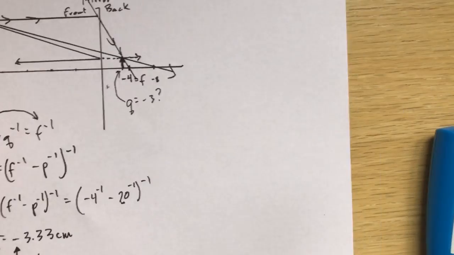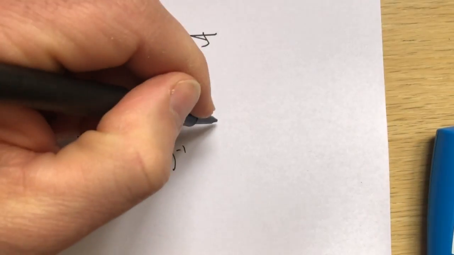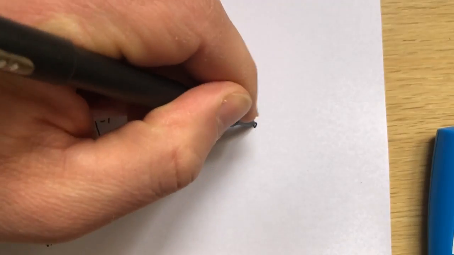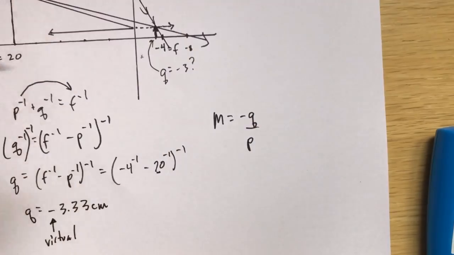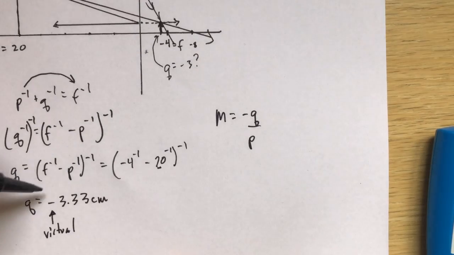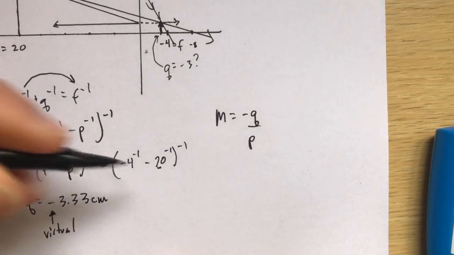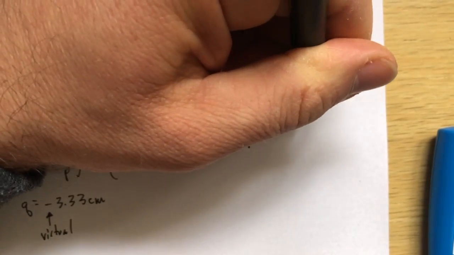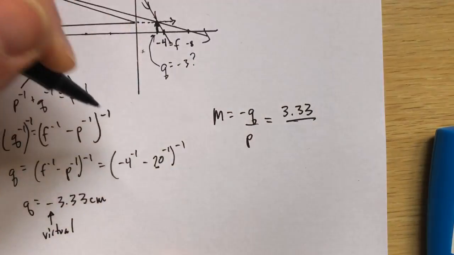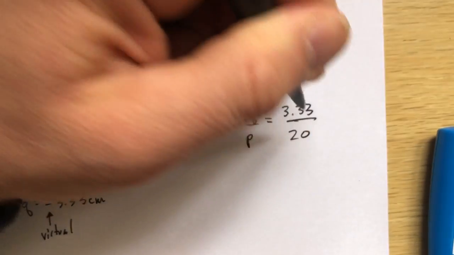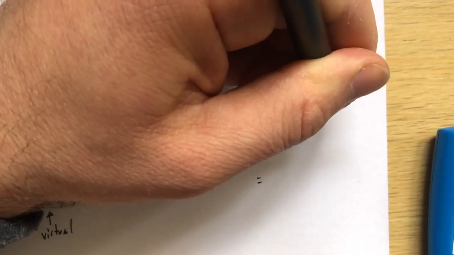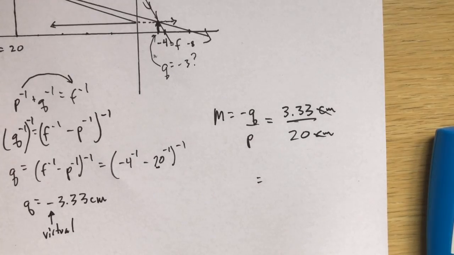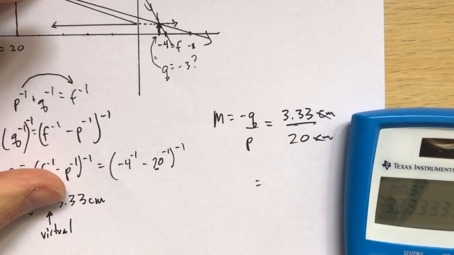Okay, last thing here is to find the magnification. So magnification can be found in two different ways, and we're going to use this way, -Q over P. And so Q, we said, was -3.33, so -Q would just be 3.33. And P was 20. Now, again, these are both in centimeters, but because they are the same over one over the other, then they cancel out.